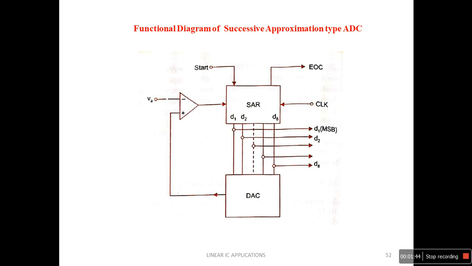They have designed a particular successive approximation register which works based on a particular inbuilt algorithm. Now we are going to discuss it. It is almost similar to the counter type ADC. The n-bit counter is replaced here by a SAR, the successive approximation register.